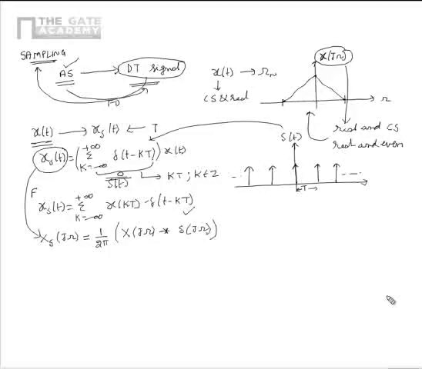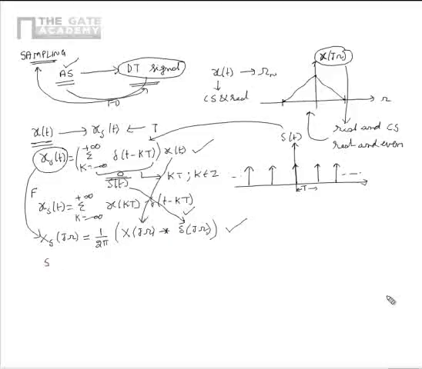This is because of the reason that multiplication in time domain is equivalent to convolution in frequency domain. So here x of j omega is frequency domain representation of x of t and s of j omega is frequency domain representation of s of t.